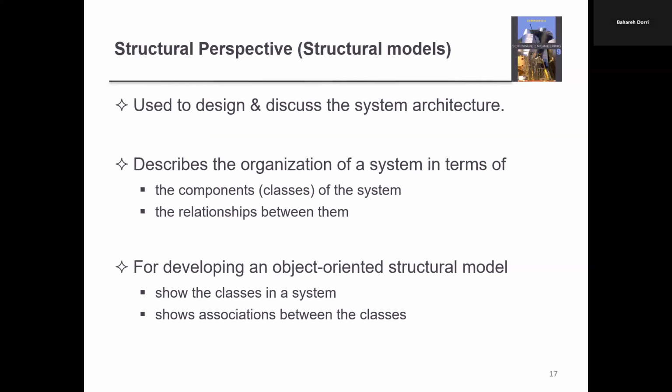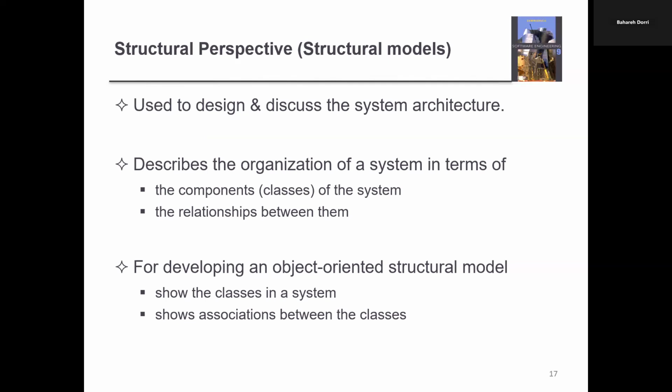In object-oriented systems, these components are usually represented as classes. So a structural model describes the system in terms of its classes and the relationships between them. That could include associations, inheritance, composition, whichever applies to your design.